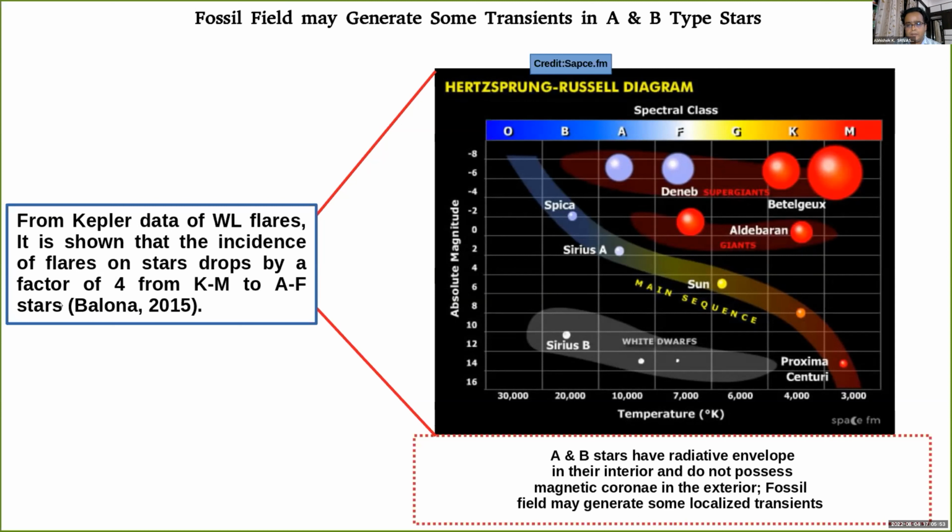So basically, when we inspect the entire HR diagram, the Sun-like flares mostly dominate in the cool stars, the solar-like stars in the right-hand part of the sequence, while the hot stars, the A and B stars, have transients, but they are not Sun-like transients.